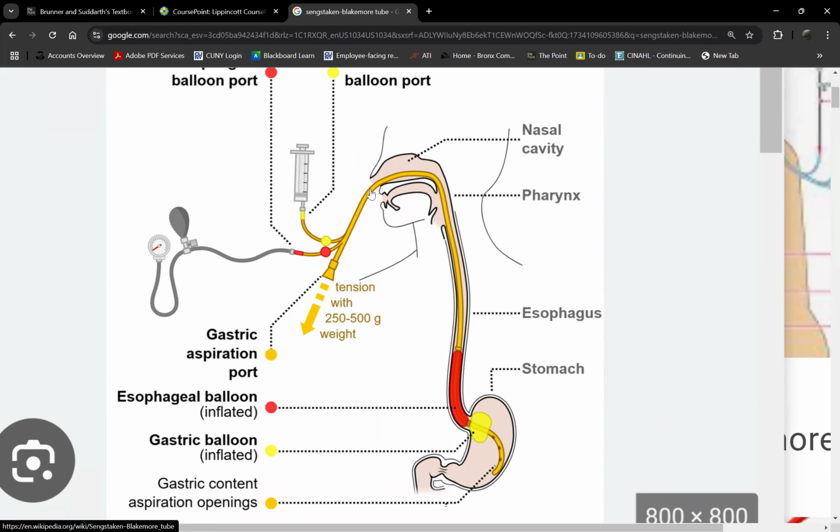The number one concern here is because this tube is so big. It's as big as your thumb, that big, up your nose or into your mouth. So what's your number one concern there? You have a big tube obstructing your throat. Aspiration is your number one concern.